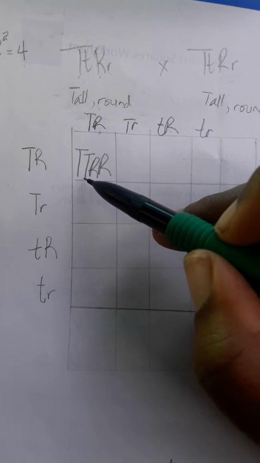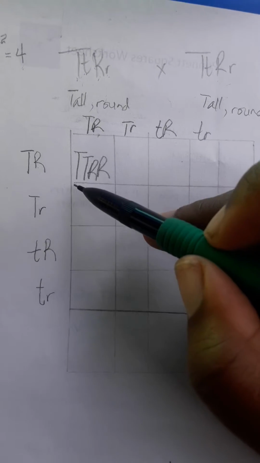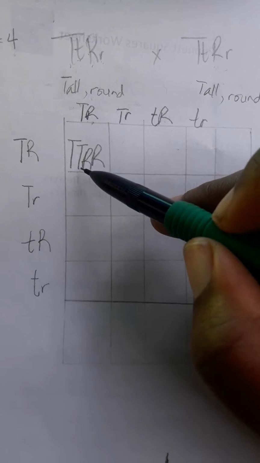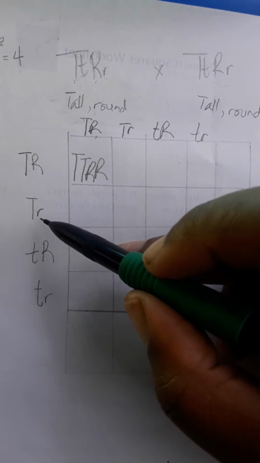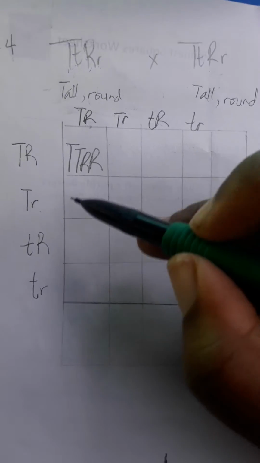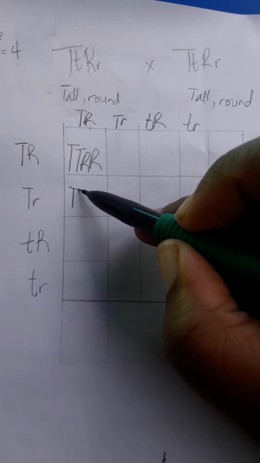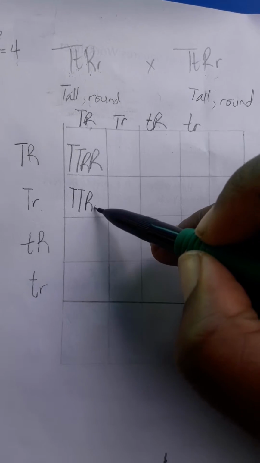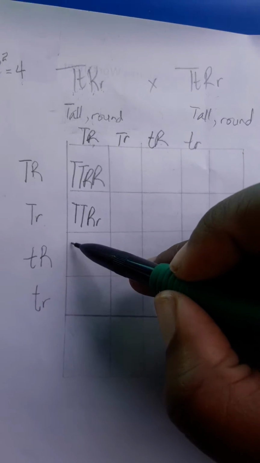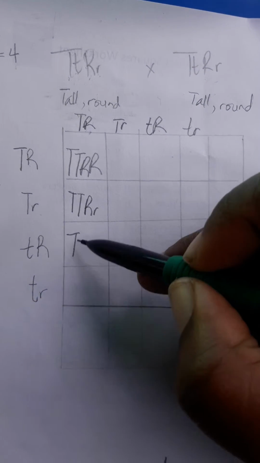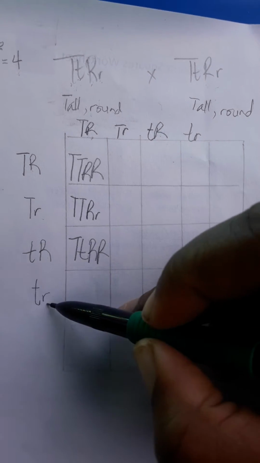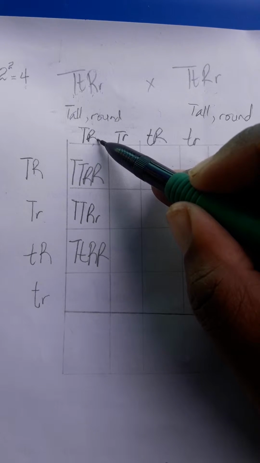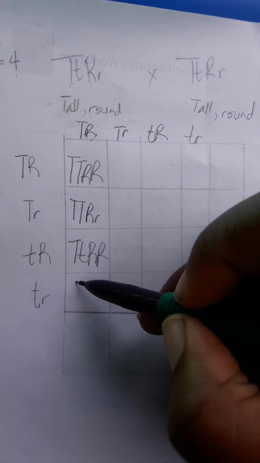Remember, we put similar alleles together. This could pair with that to give us that. This could randomly fertilize with that gamete to give us that. And this could randomly fertilize with this gamete to give us this.